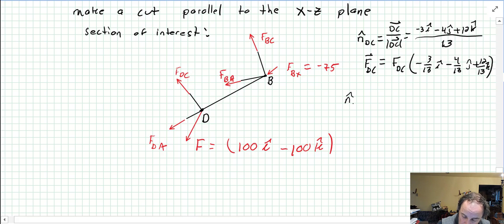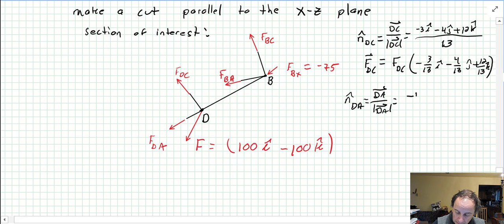Unit vector in the direction DA, same deal. Vector DA over the magnitude of the vector DA. All right, now DA is a bit simpler.